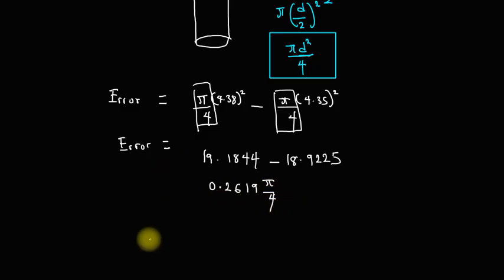Now to calculate our percentage error, so percentage error is going to be equal to, remember, the error, that is the absolute error, all over the actual value. So let's go.